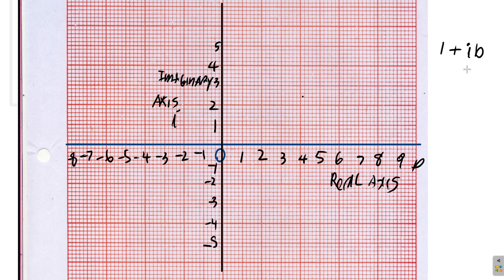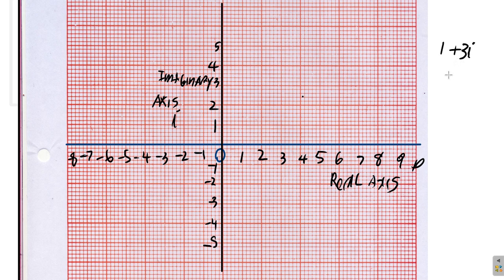If you specialize in electrical engineering, you may find yourself using j because you don't want to confuse I with I, meaning the intensity of electric current. Alright? So this is A plus IB, but in this case, our B is 3. We put the 3 in front of the I. A plus 3I.